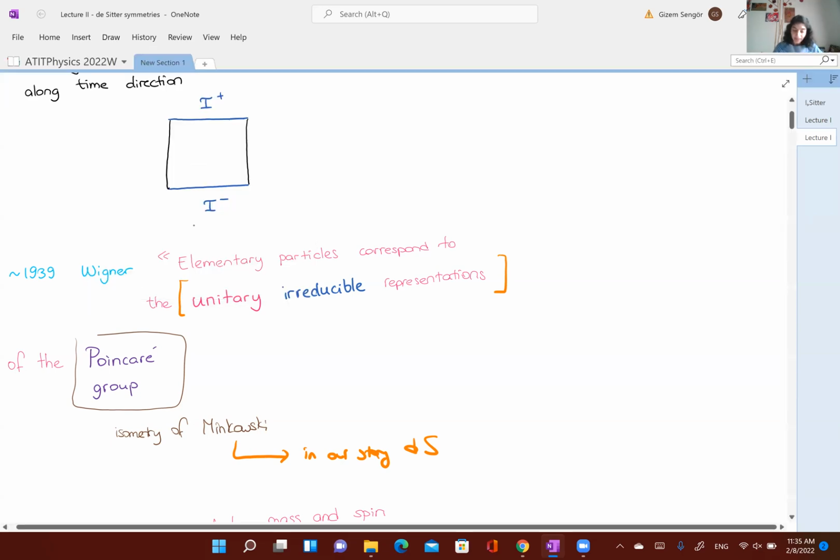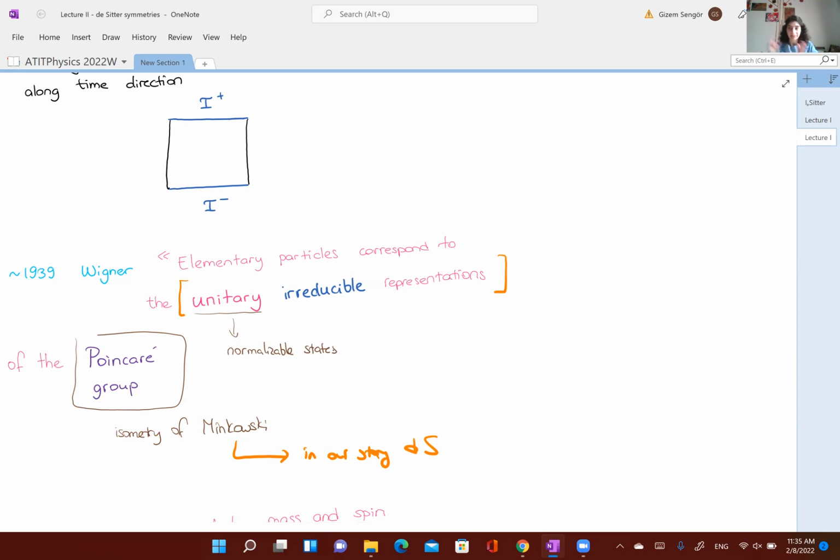Let's change our color. Now, what are these representations? The unitarity property of a representation means it leads to normalizable states. Now, unitarity of interactions is a different subject, so don't be focused on that.